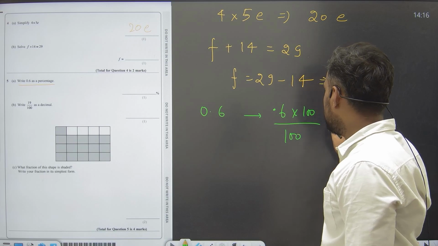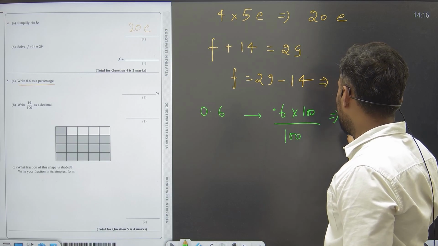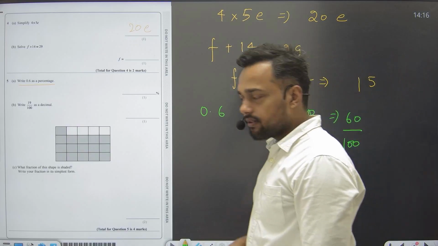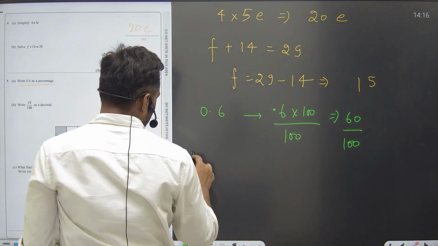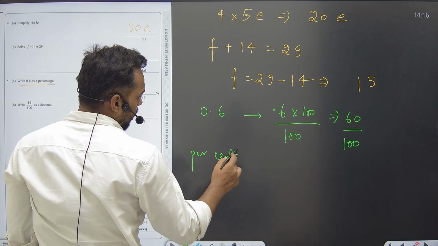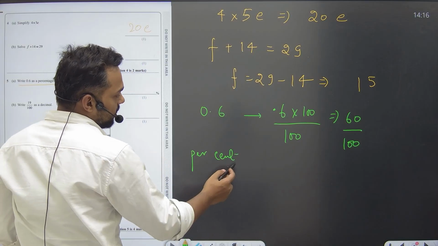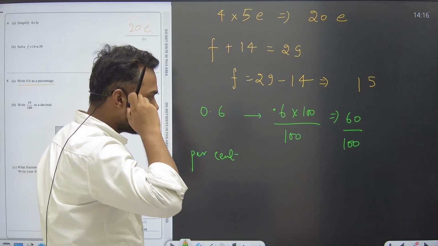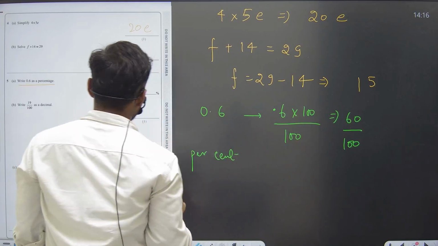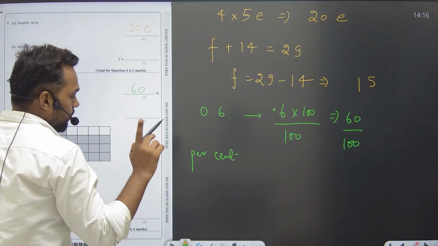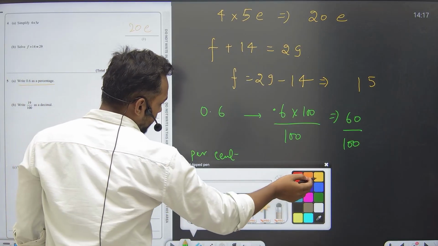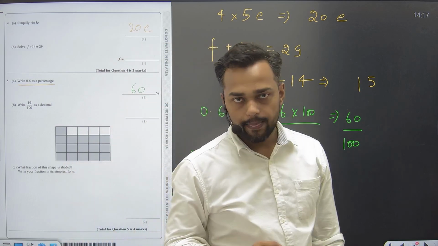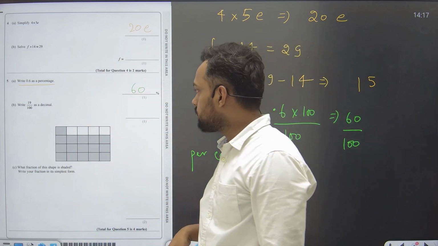So this will be 60 upon 100. We know what percentage is. Percent means out of 100. So we can see that we have converted 0.6 in terms of 100. That is why we have multiplied it by 100, student. So this is 60%. Our main target for converting into a fraction should be that in the denominator it should be 100. So this is 60%.